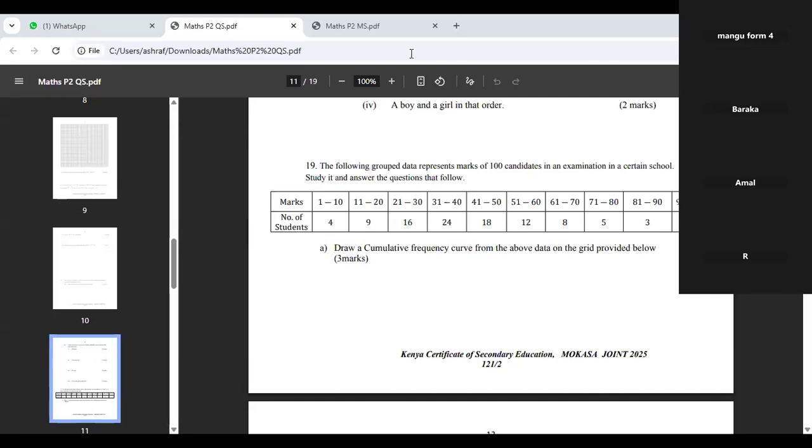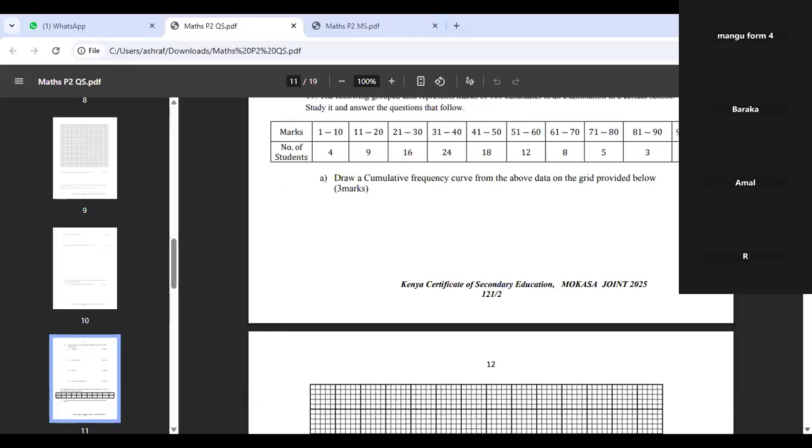Some call it limit, some call it boundary. Remember the shape of our cumulative frequency curve is S-shaped. So if you draw yours and it looks odd, then maybe one of your points is not correct. Let me see if I can share the table, because we are supposed to use it to answer some questions there.